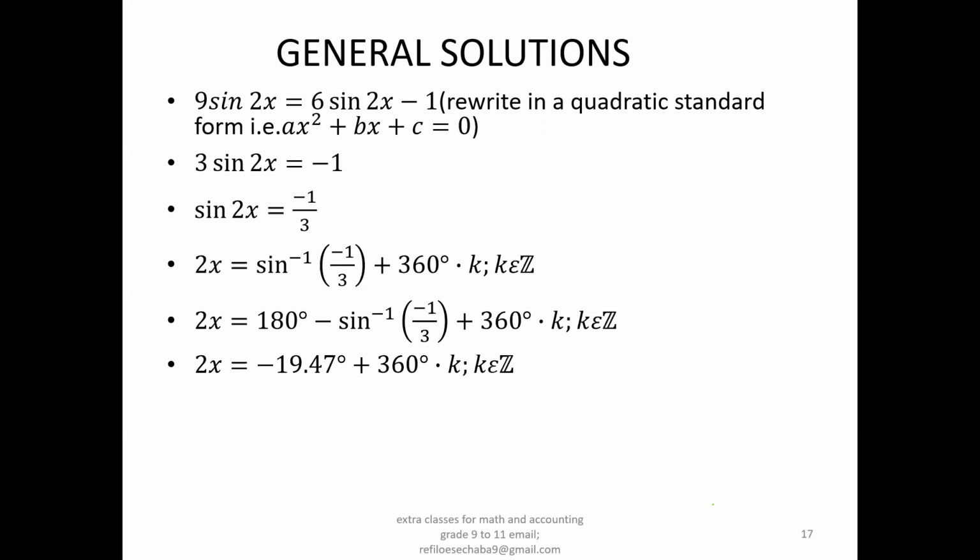Yes. And if it's negative like this, I'm sure at your school they will tell you to find the reference angle. Am I right? If it's negative, like we've got negative 19.47, you must take that and minus it from 180.